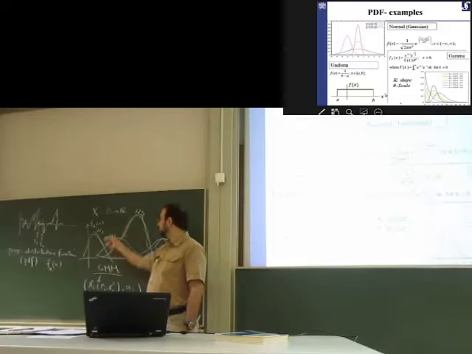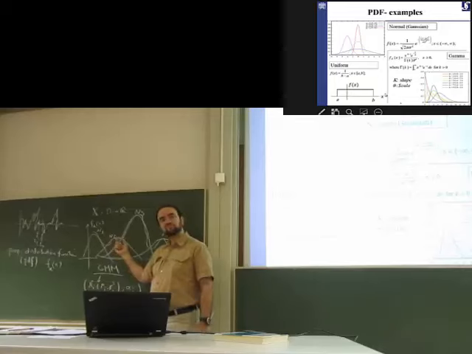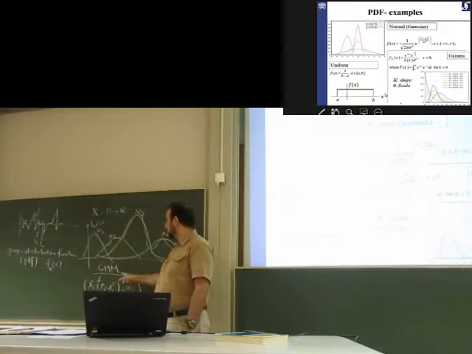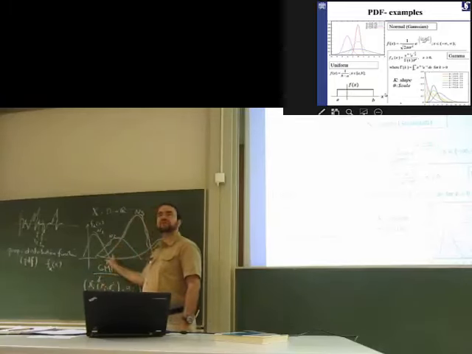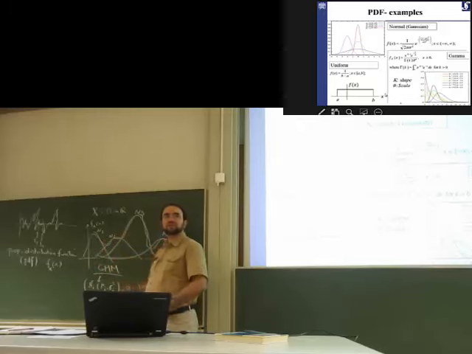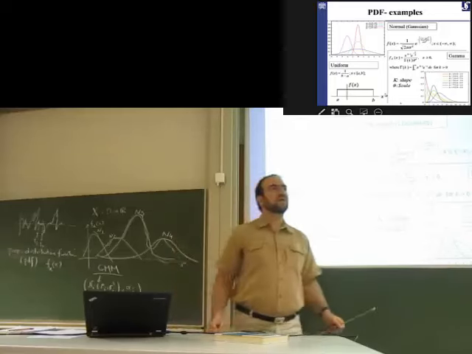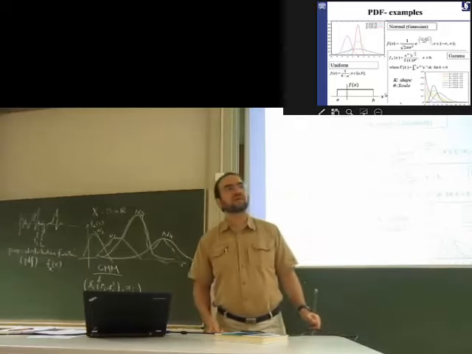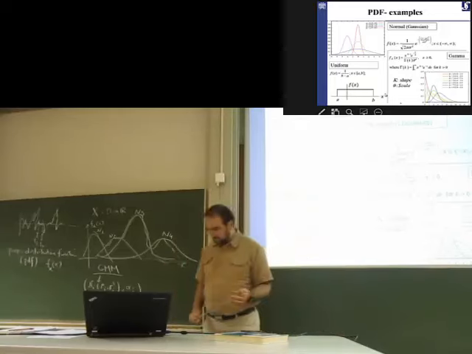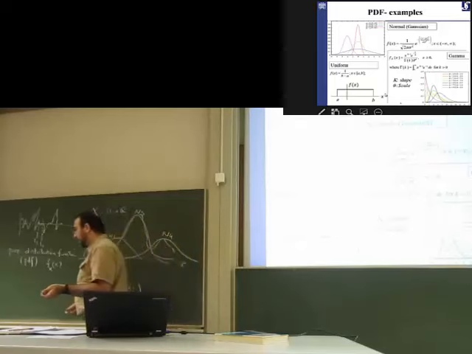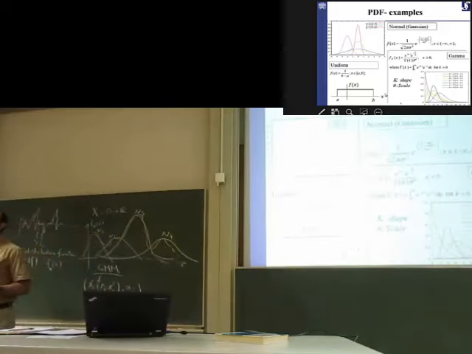If we have an unknown PDF, we can approximate it very well with Gaussian mixtures. So mixtures of the Gaussians, or the normals. Yes, please. How do you know your approximation is correct if you don't know the PDF? That's a good question. We don't know the PDF, but we have the data.